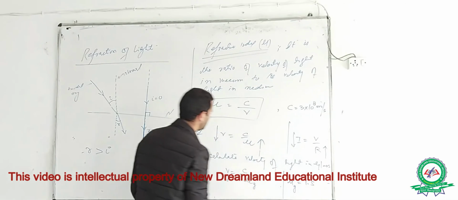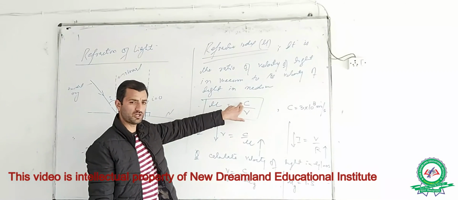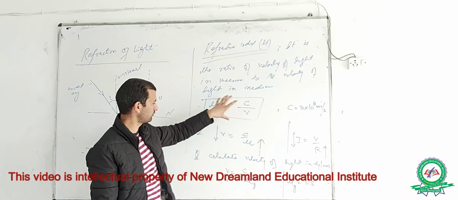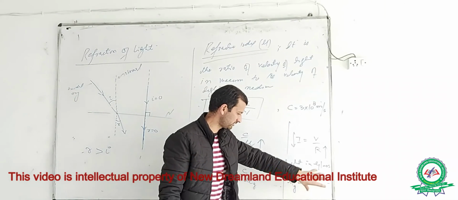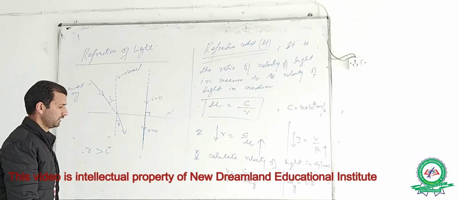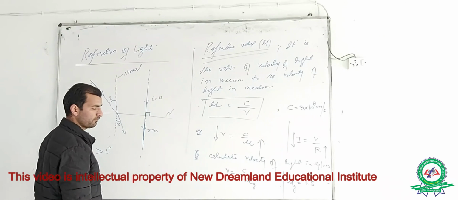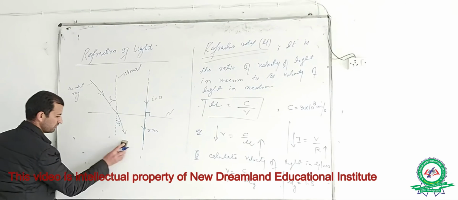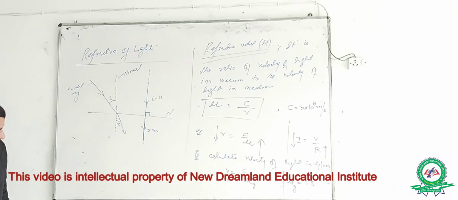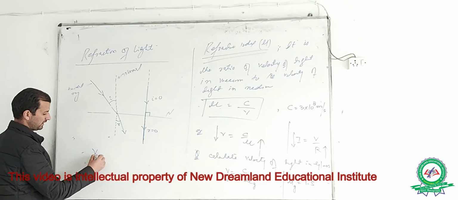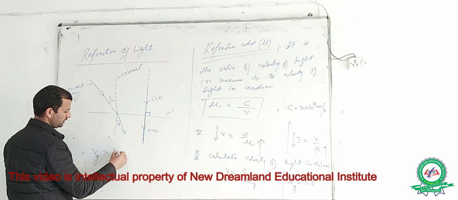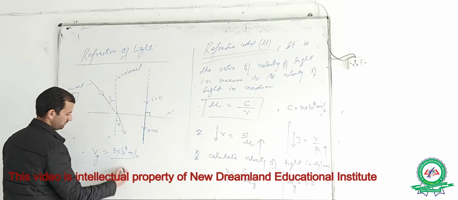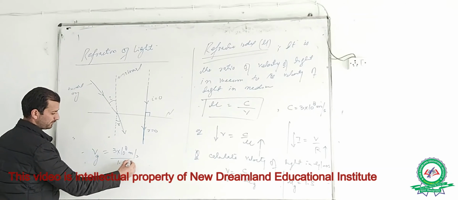It's a pure number, with no unit, because it's velocity divided by velocity, meter per second, so the units cancel out. So mu is a dimensionless quantity. For glass, mu is 1.5. So the velocity of light in glass is c, which is 3 into 10 raised to power 8 meter per second, divided by mu, 1.5.